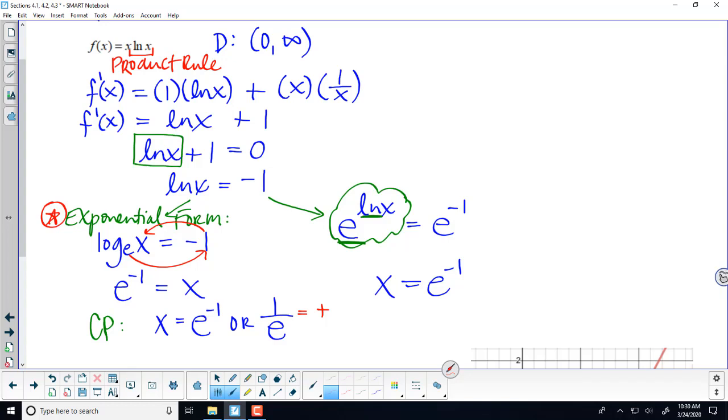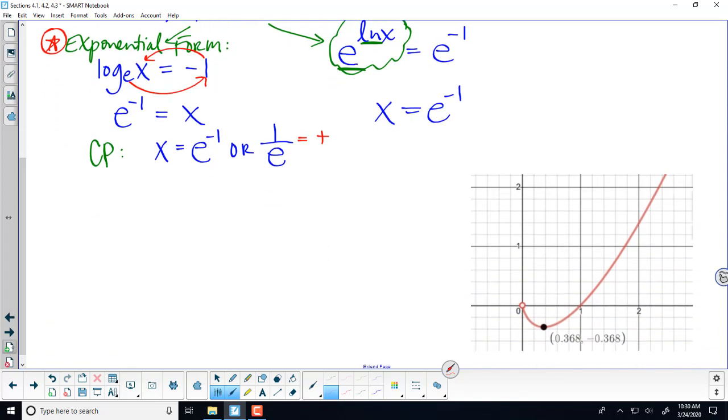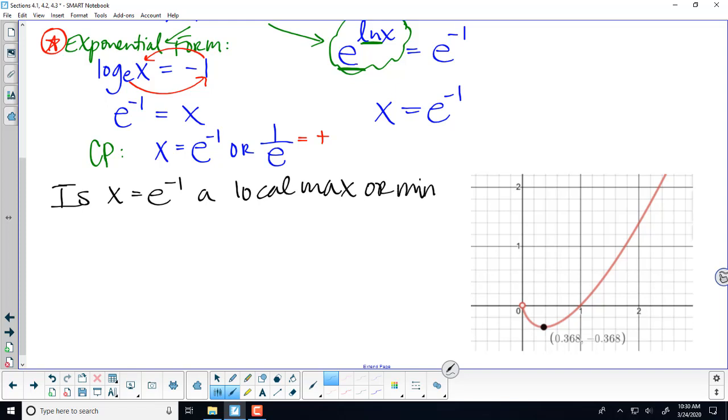All right, what are we going to do? First derivative test. We want to know if it's a local max or min. Oh, I ruined the fun. Darn it.